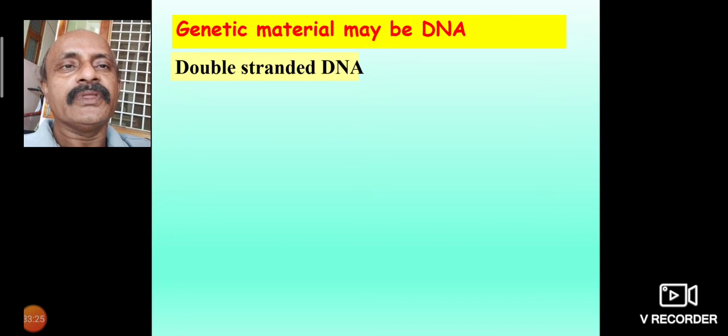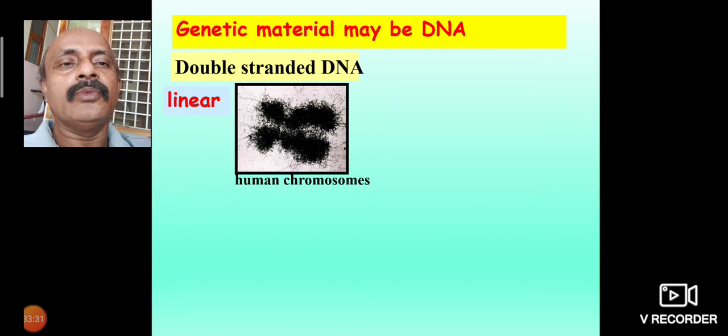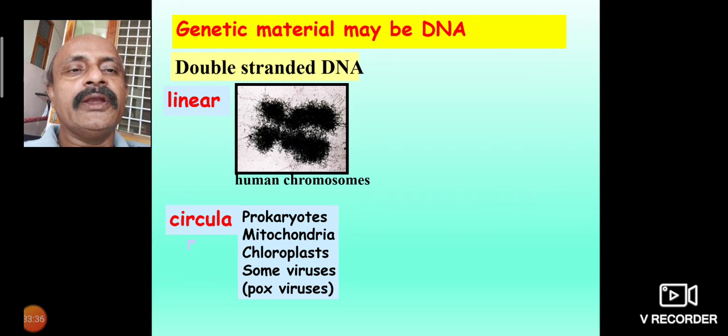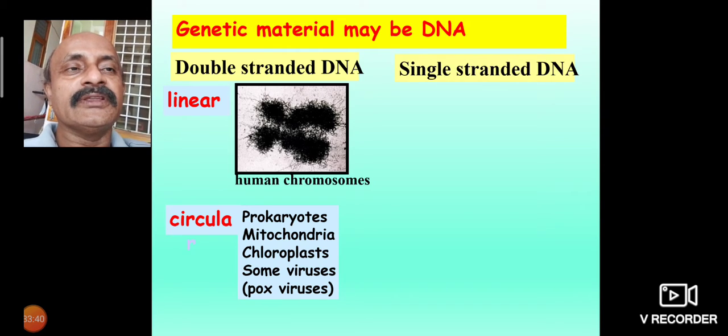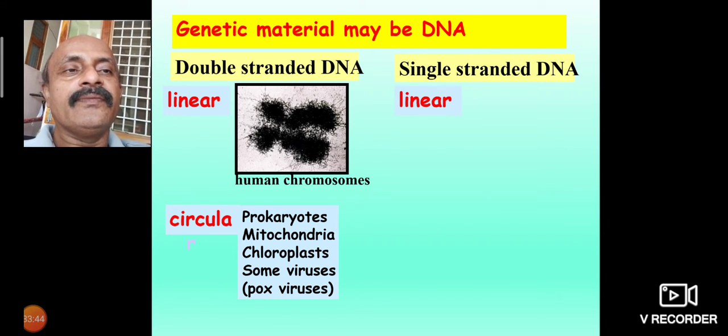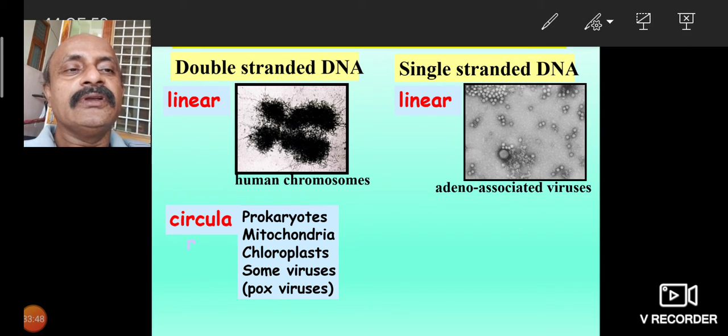Double-stranded DNA is also the genetic material. Chromosomes may be linear, but in prokaryotes, mitochondria, chloroplasts, and some viruses they are circular. Some viruses have single-stranded linear DNA, such as the adeno-associated virus.